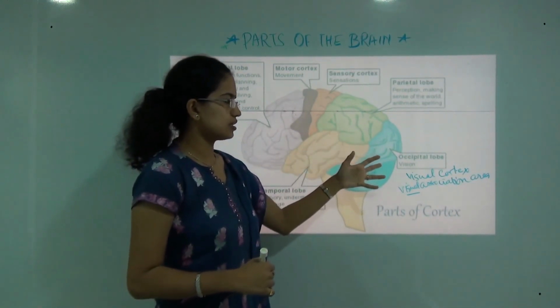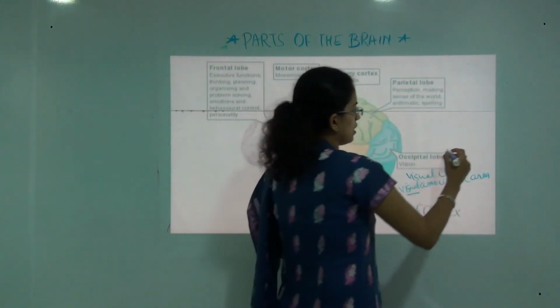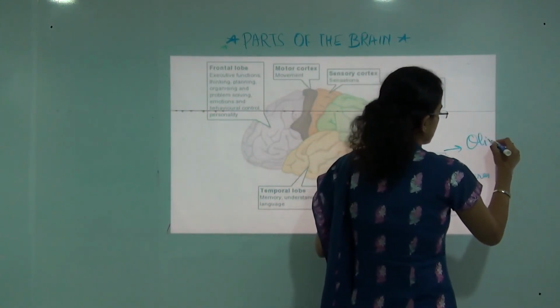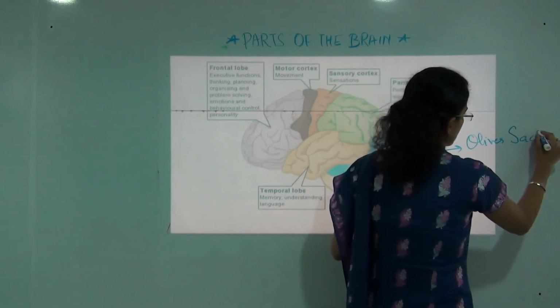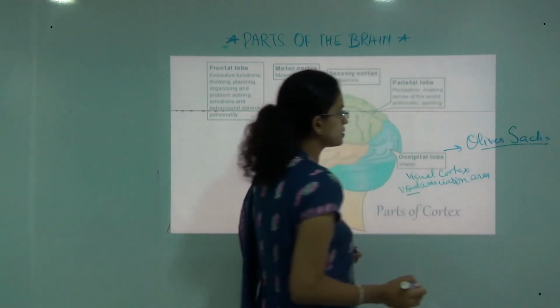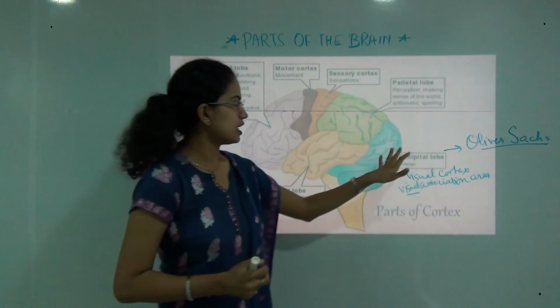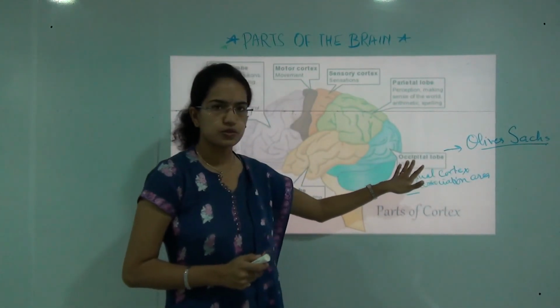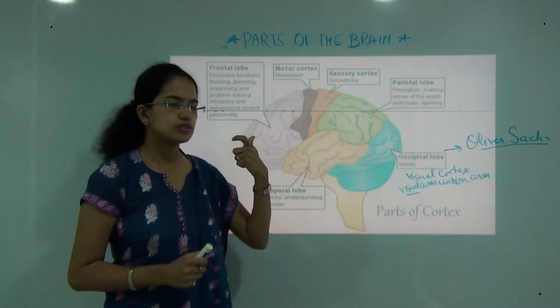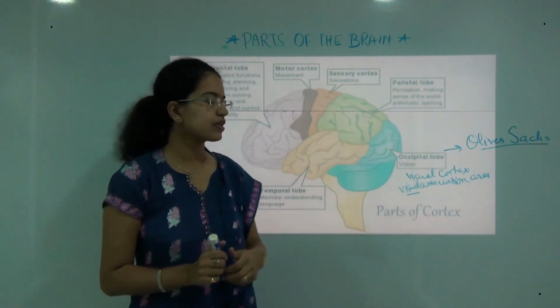There is a very famous example of a patient described by Oliver Sacks. This patient had damage in the occipital lobe, and he was given a rose in the hand.